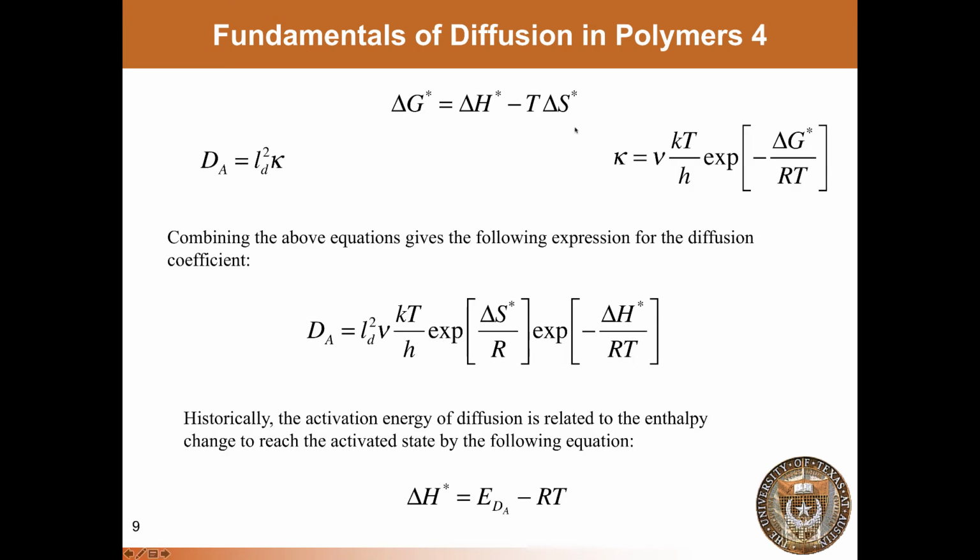We can combine this definition together with the fact that the diffusion coefficient depends upon the square of the jump distance times the frequency of jumps, and this is the expression for the frequency of jumps that comes out of activated state theory, to get the expression for the diffusion coefficient shown here in the middle of slide 9, where we start to see the appearance of the entropy change associated with going from the ground state to the activated state.